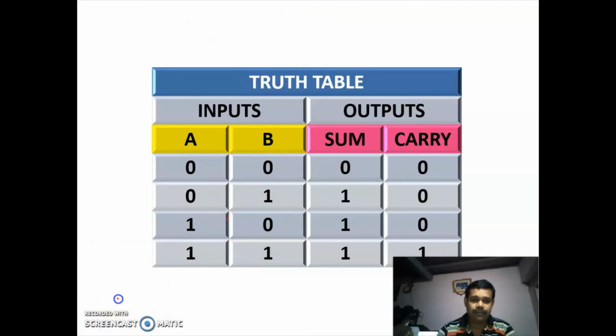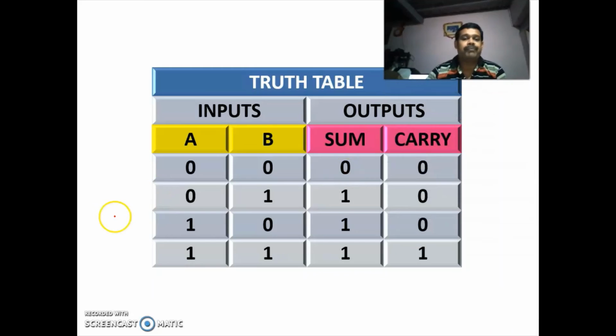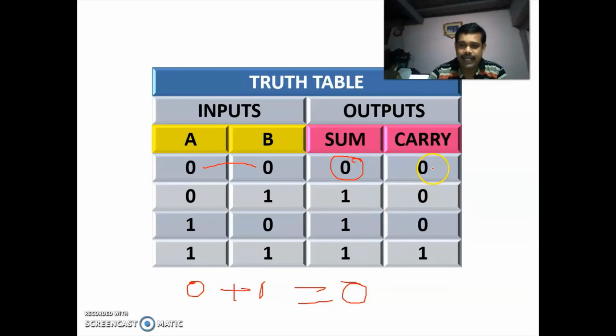Now this half adder performs addition of two bits. First you add 0 plus 0. We know that 0 plus 0 is 0, so sum is 0 and carry is also 0.